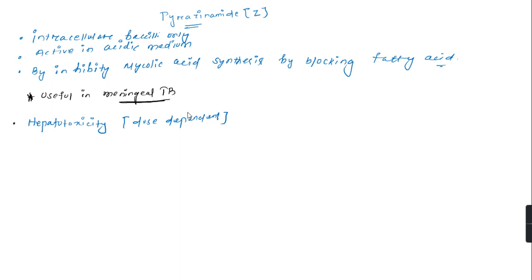The second adverse effect is hyperuricemia, then hyperglycemia, then abdominal distress.